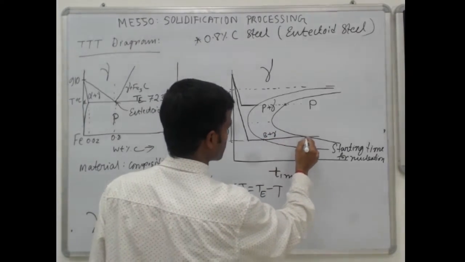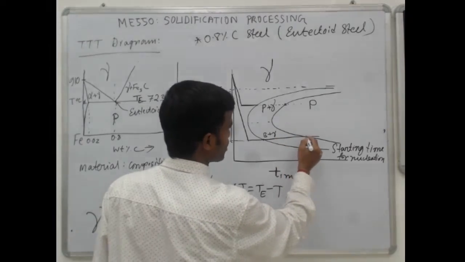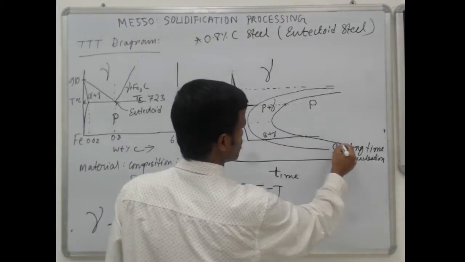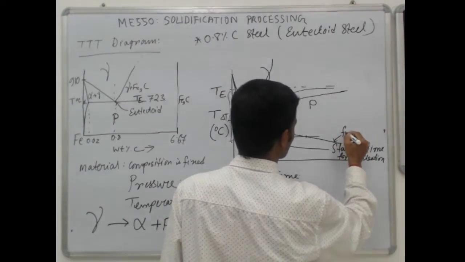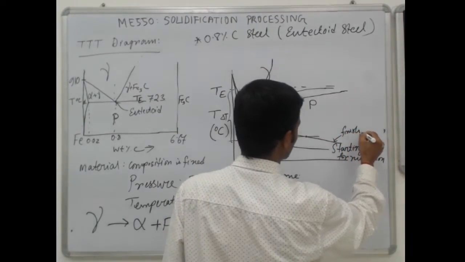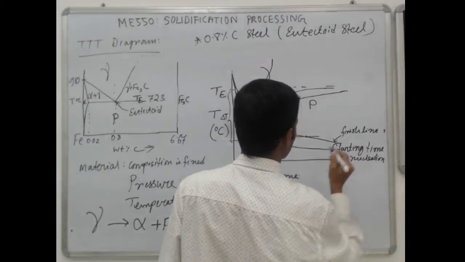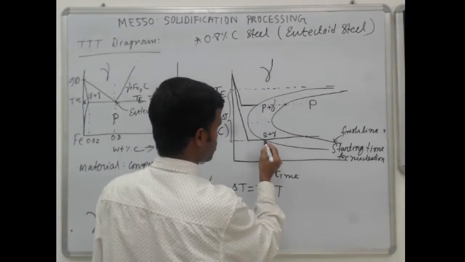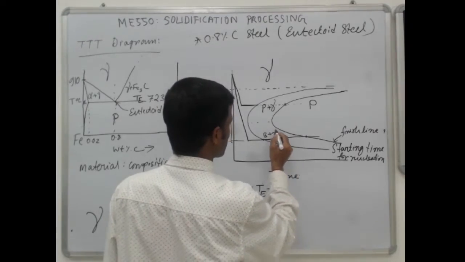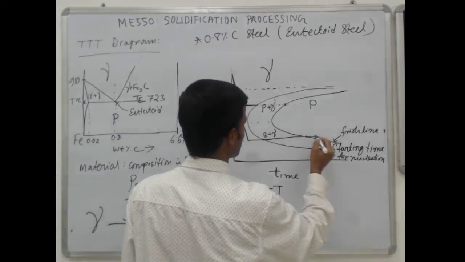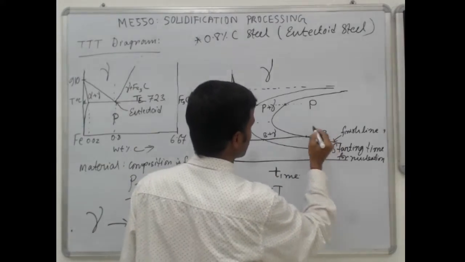And once your transformation is completed at this time, this line is called the finish line. Once you allow this much time, all the gamma will be transformed into bainite, and you will get bainite here.